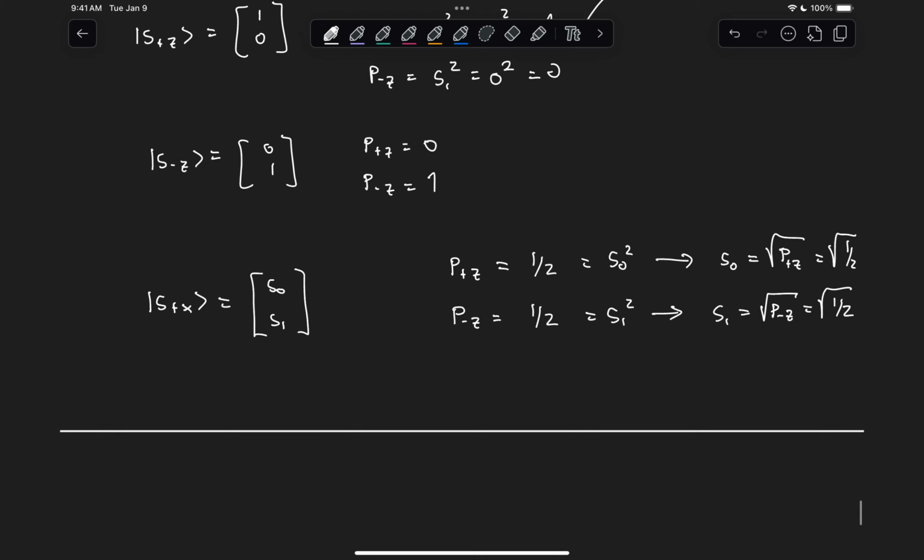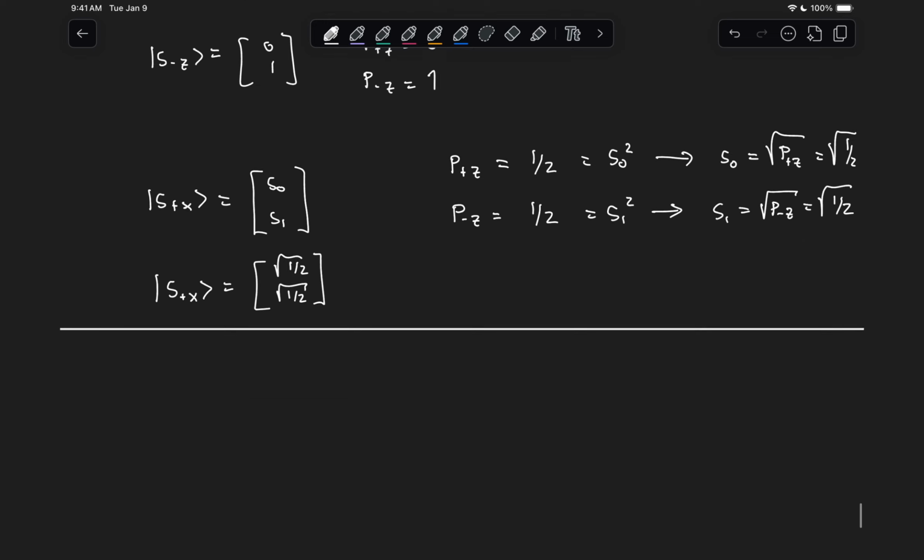So we could say that the vector corresponding to the spin of an electron in the plus x direction is given by the square root of 1/2 and the square root of 1/2 for each of the elements. And let's recall that we can then express this in terms of the spin along the plus z and minus z directions.